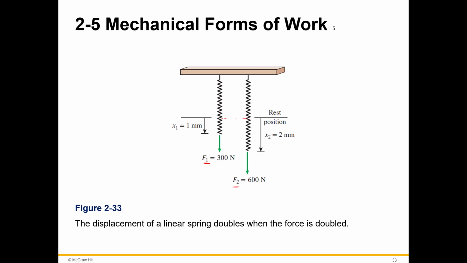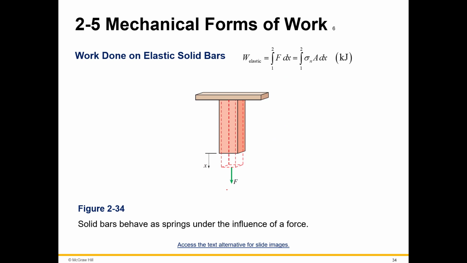And you see you've got the rest position. And it's when the force is doubled. So really, if you wanted to take it from the rest position, this would be F1, this would be F2, and this would be F3. But it depends. You may be looking at just the initial loads.